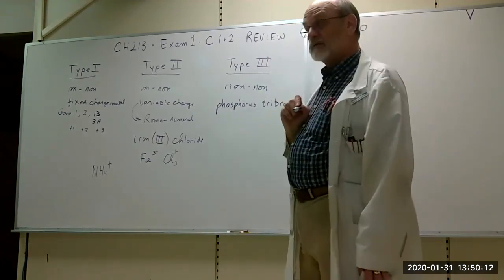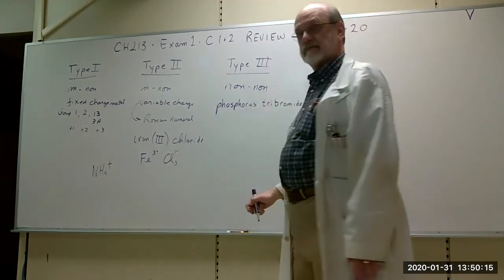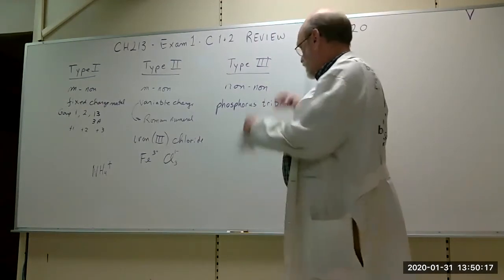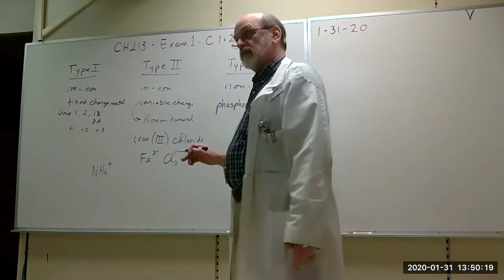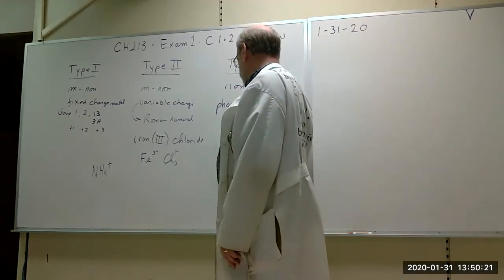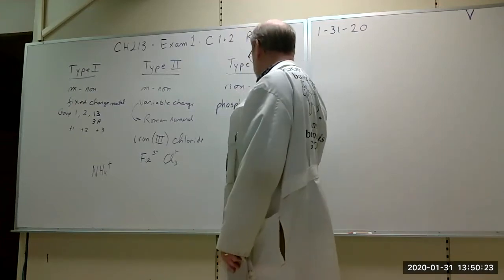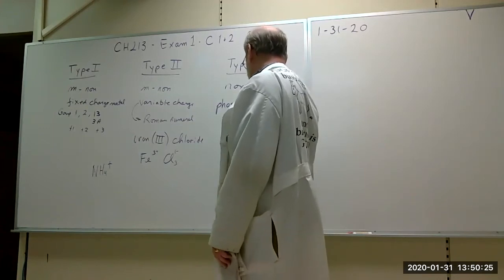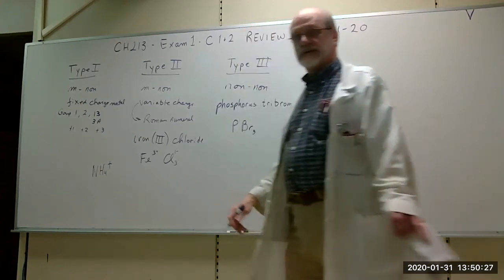All you have to do with this type of compound is just write what it tells you to. 1 phosphorus and 3 bromines. Done.